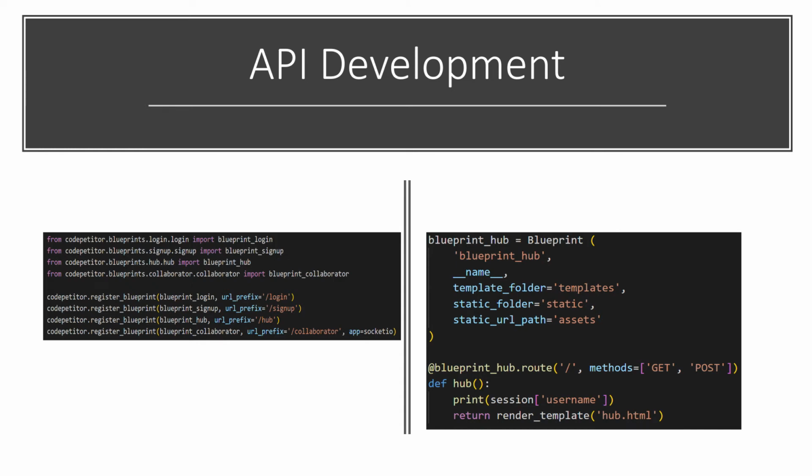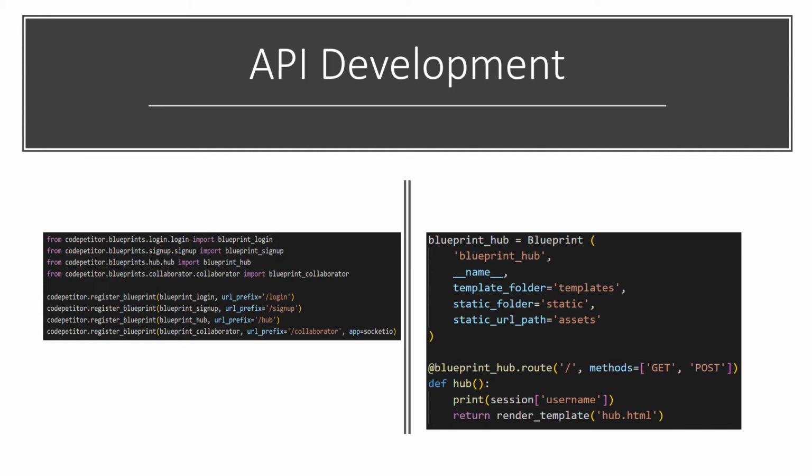On the left, as you can see, it's the actual tying of the blueprints to URLs. For example, in the very top line, we're saying import the login blueprint, and in the second block on the left, we're assigning the /login URL to that blueprint.